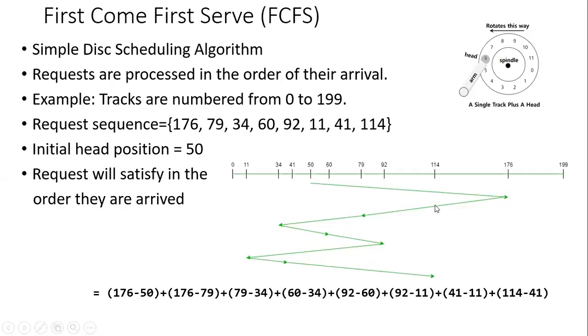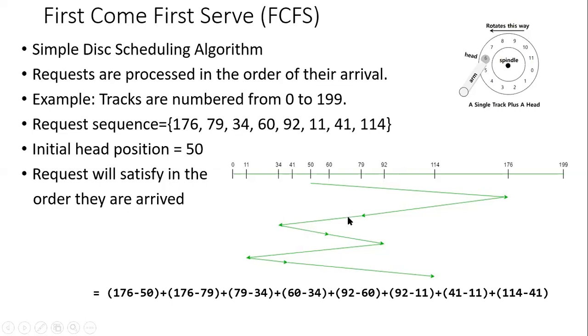When the head moves from 176 to 79, it is traversing that many tracks. Again, this is the seek time required to traverse from 176 to 79. Similarly, that's why it is written here: 176 minus 79.